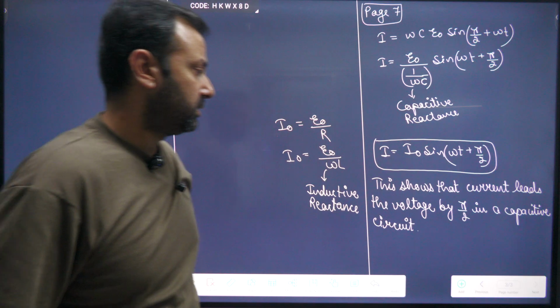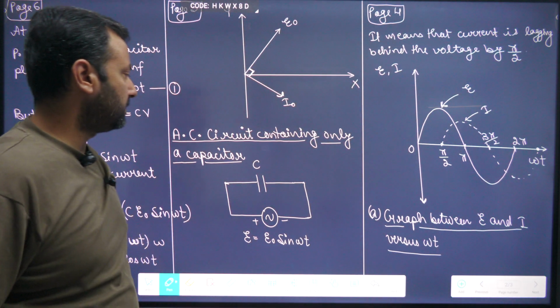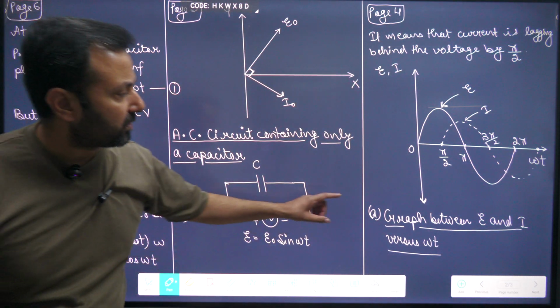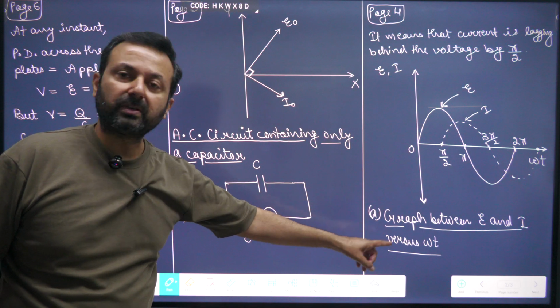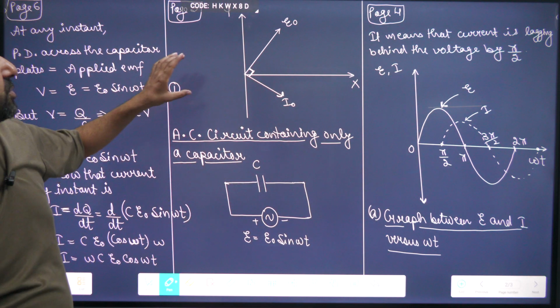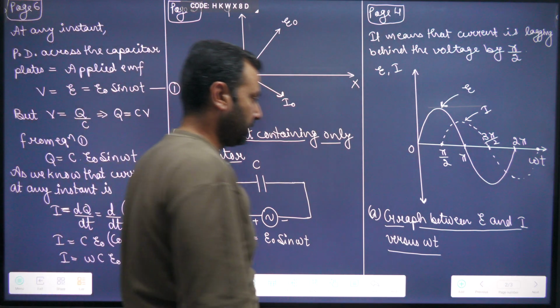Again, we are going to draw these two diagrams as we have done in the inductive case. First, we will draw a graph between E and I versus omega t. Then we will draw the phasor diagram.